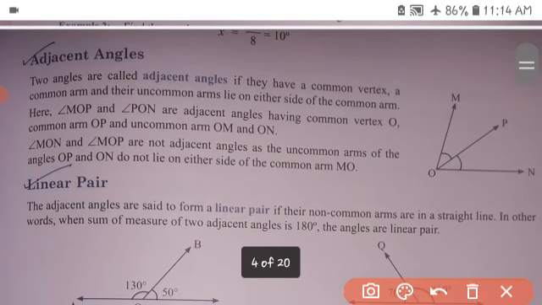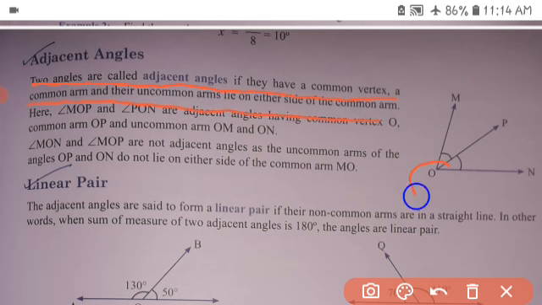Adjacent angles. Two angles are called adjacent angles if they have a common vertex, a common arm, and their uncommon arms lie on the sides of the common arm. Look here: common vertex O and common arm OP, and the other uncommon arms are OM and ON.